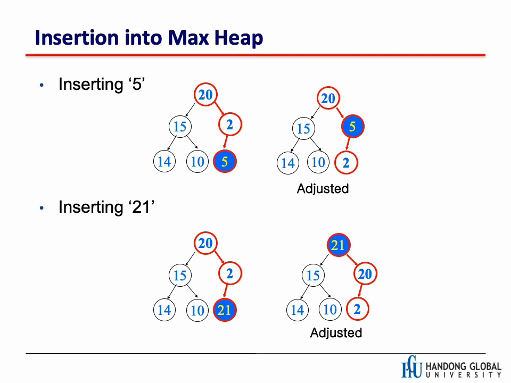So now 31 is the right child of 20, the left child of 31 is 2, and the right child of 31 is 5. And 31 is the right child of 20, which is awkward, so we have to swap. Then if we focus on the right side of this tree, the root node is 31, its right child is 20, and 20's left child is 2 and right child is 5.